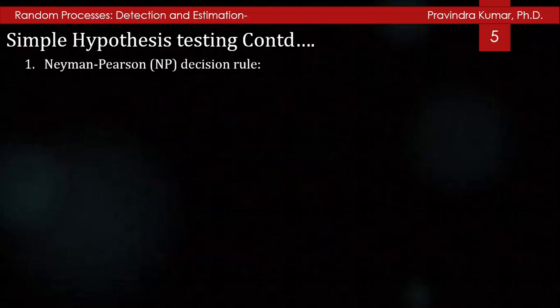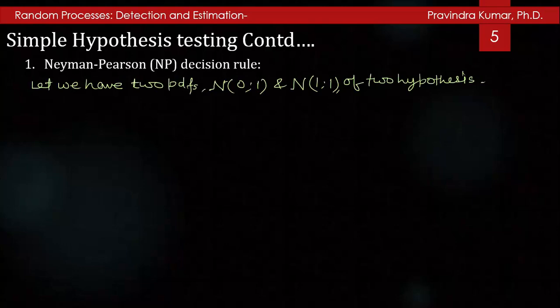Now first we will start with the Neyman-Pearson decision rule. Suppose we have observed a random variable whose PDF is either a normal distribution with 0 mean and variance 1, or a normal distribution with mean 1 and variance 1.